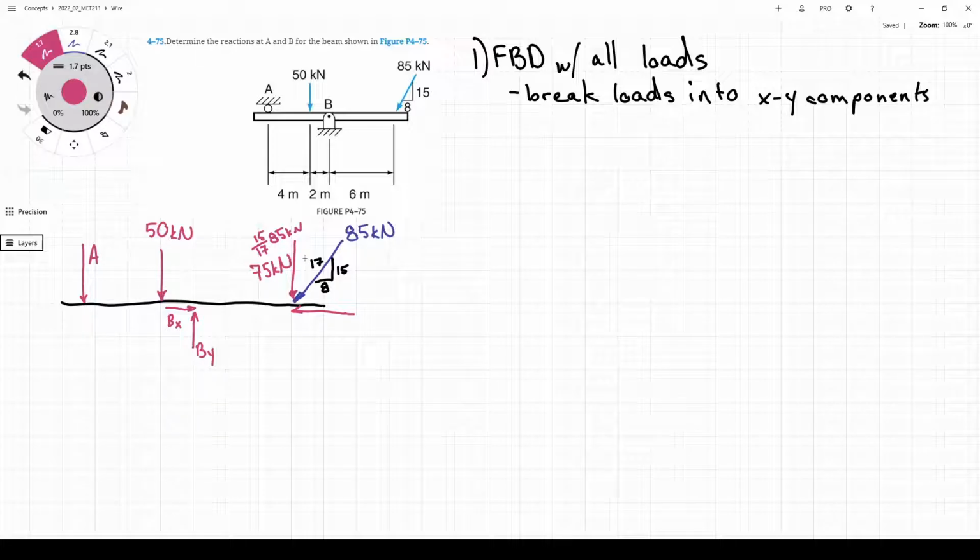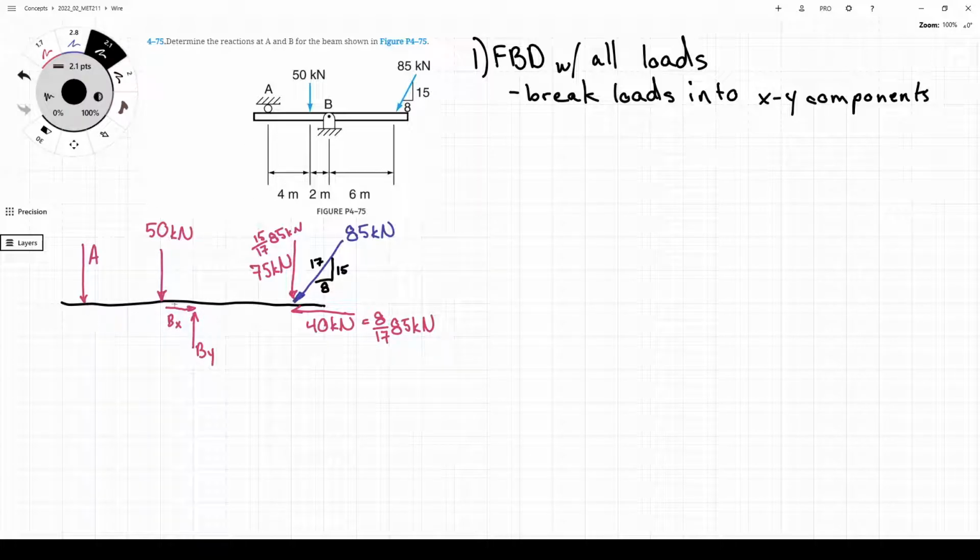And our horizontal force will then be 8 over 17 times 85, which gives us 40 kilonewtons. So now we've identified all the forces on our free body diagram. We broke them into our X and Y components, and we will label our dimensions.